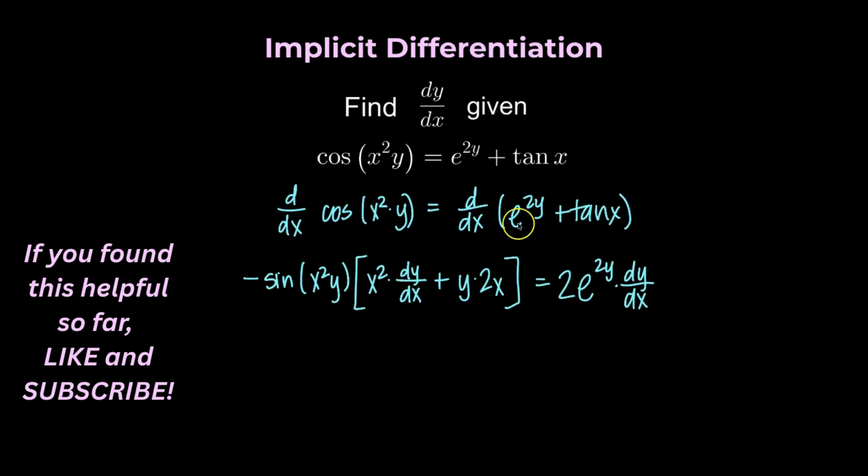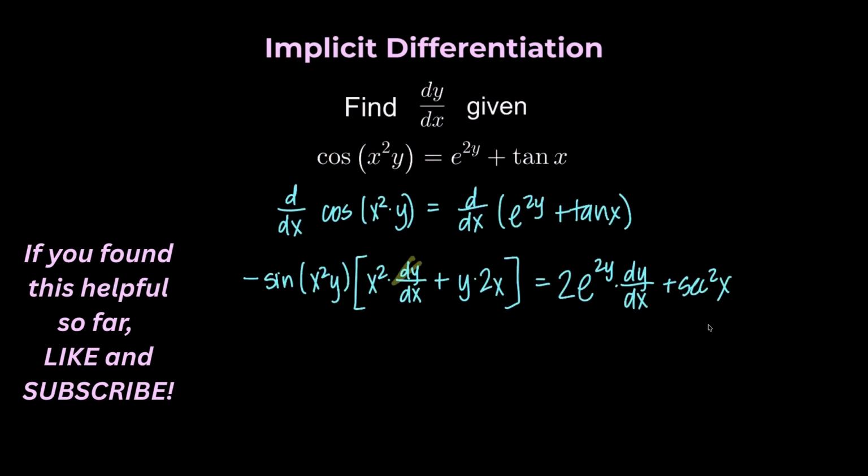Technically, what we're doing is the chain rule. The derivative of that inside, 2y, wasn't just 2, it was 2 dy/dx. And then the derivative of tangent x, these are added, so I could do each one separately. This is just going to be secant squared x. That part right there is really the calculus. From here, it is algebra.